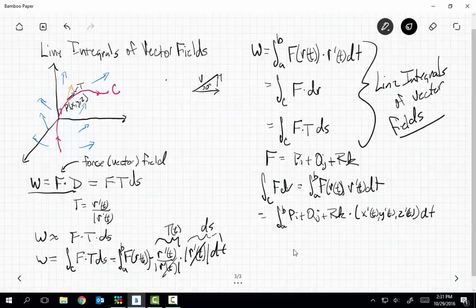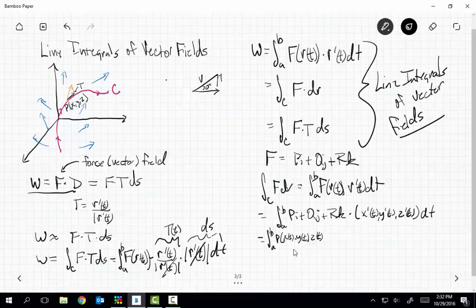Well, what is P? Well, P is a function of x, y, and z. So this is the integral from a to b of P of x of t, y of t, z of t, right? Should I write it like that or should I just dot it? No, let's dot it. I don't want to make you guys sit through too much of this.